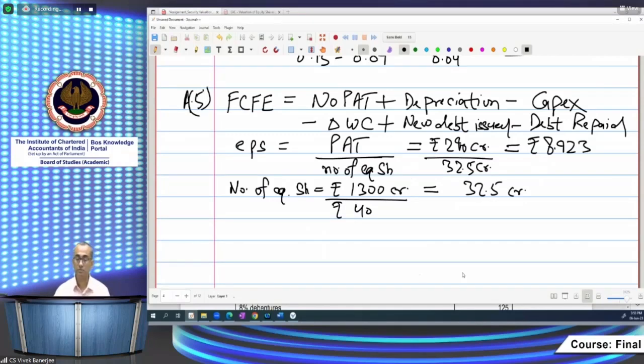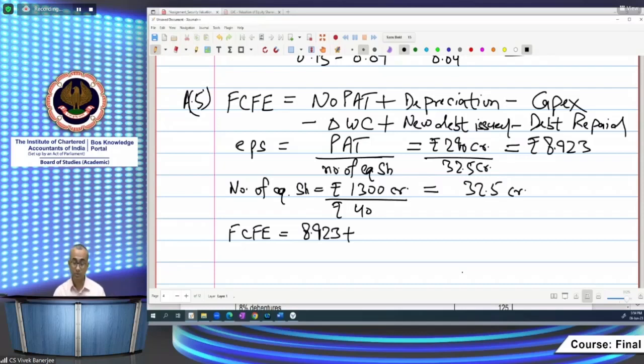So now, FCFE is equal to net operating profit after tax, means EPS is calculated, because every figure in the question is on per share basis. Therefore, we have calculated the EPS first. So it is EPS 8.923 plus depreciation. Depreciation is given in the question, 39.